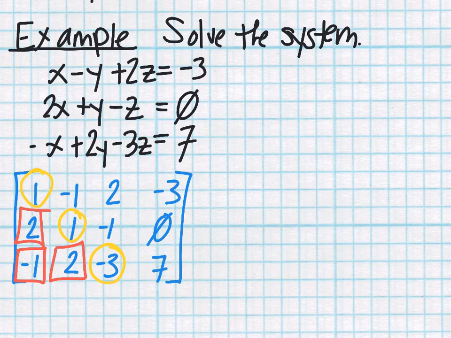So first thing I'm going to do is multiply that first row by negative 2 and add it to the second row. So we can write that as negative 2 times row 1 plus row 2. So what do I get when I do this?